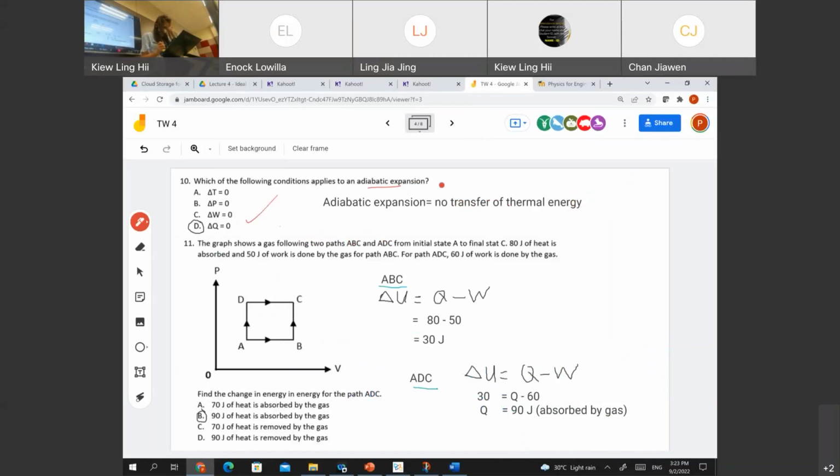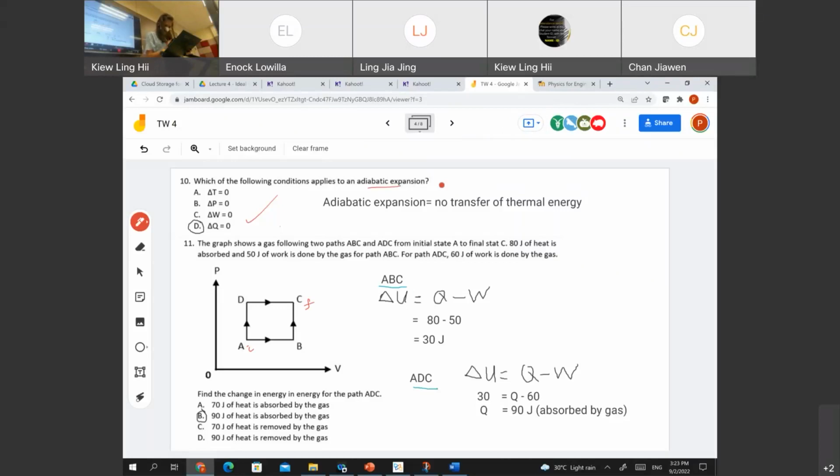Question 11. There are two pathways, ADC and ABC, starting from A and ending at C. 80 joules of heat is absorbed and 50 joules of work is done by pathway ABC.